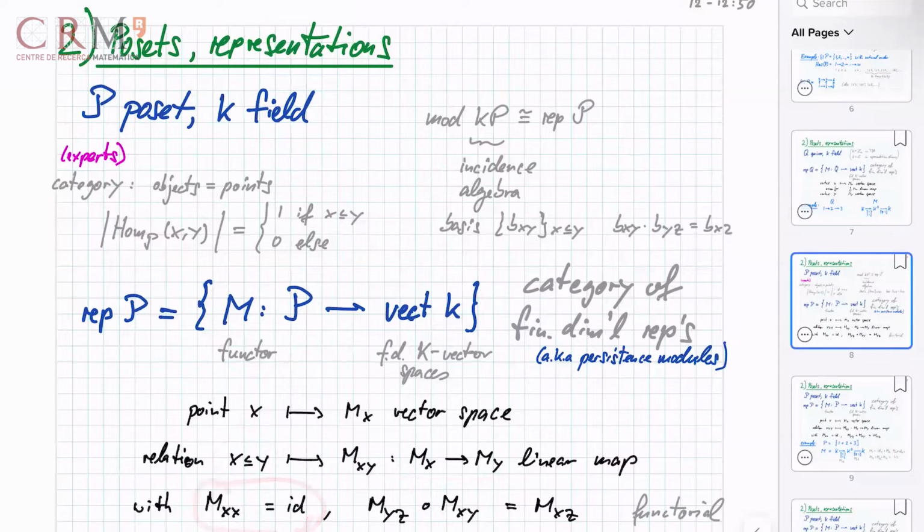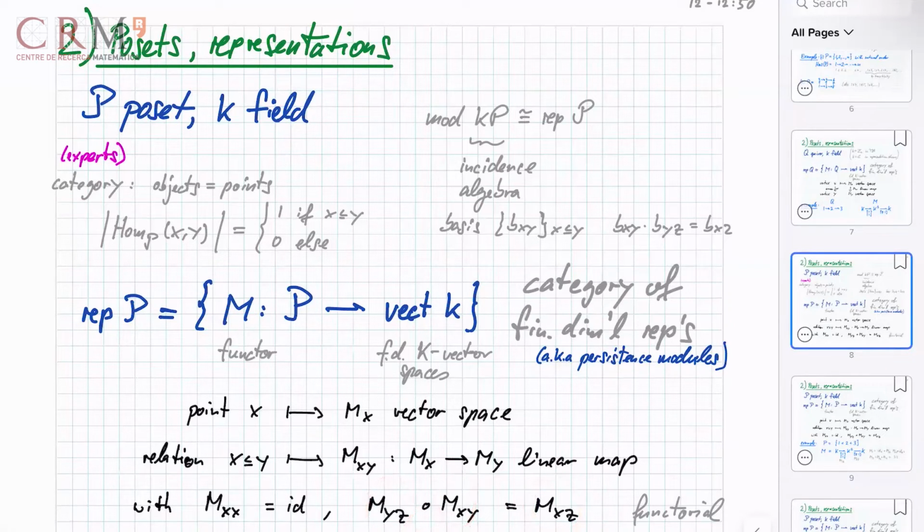And coming back to transitivity, when x is smaller than y and y is smaller than z, then x is also smaller than z. I have these two maps, x to y and y to z. I can compose them, and I insist that I get the map from x to z.